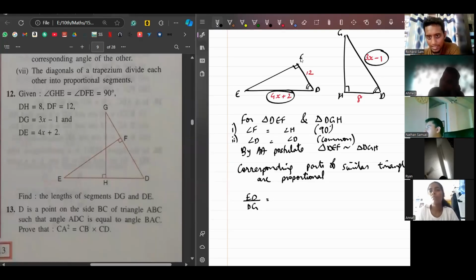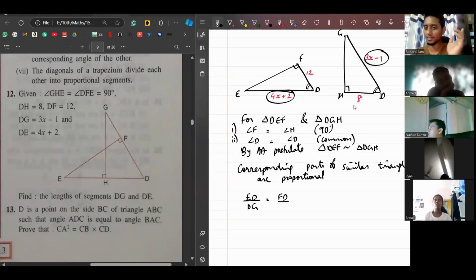All right. Next, FD on the first triangle is corresponding to HD. Okay. See now, look. FD is between the 90 degree and this known angle. So in this also, which is the side between 90 and the known angle?